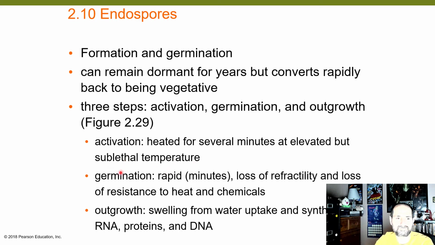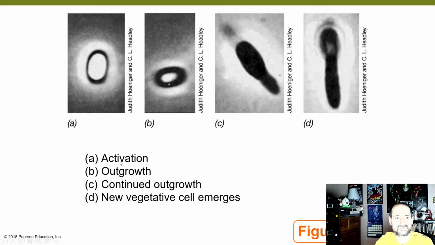Germination is rapid: loss of refractility and loss of resistance to heat and chemicals. Then comes the outgrowth of the vegetative cell, swelling up, water uptake. You need to rehydrate, and synthesize RNA, proteins, and DNA, and you're going to resume your role as a vegetative cell. So you can see here in A you have activation, outgrowth, this is the refractive stage, continued outgrowth, and then the new vegetative cell emerges and grows and rehydrates.